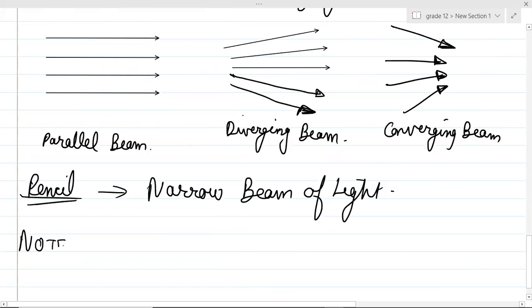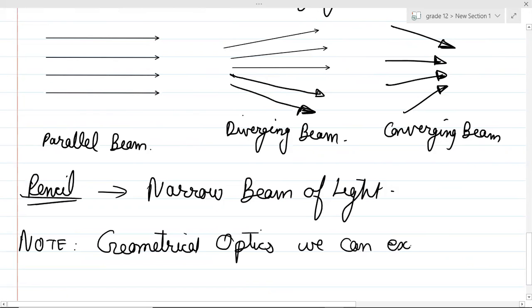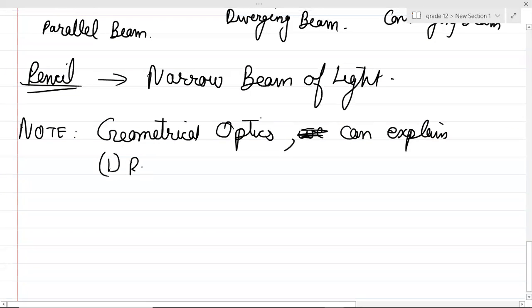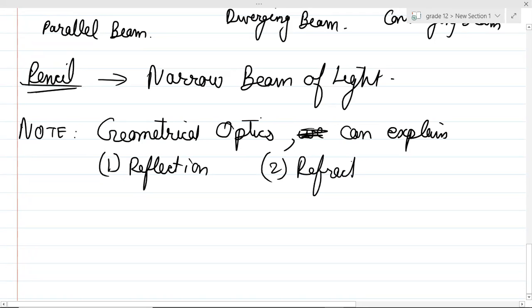Yes, sir. So please remember, with the help of geometrical optics, we can explain: first is reflection of light, the second is refraction of light, and the third is dispersion of light.